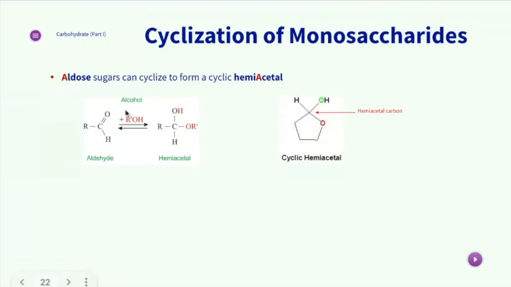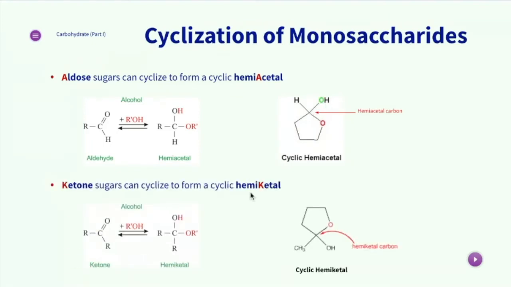Okay, what is a hemiacetal and a hemiketal? An aldose sugar which has an aldehyde functional group can cyclize to form a cyclic hemiacetal. So from this open chain, it will transform to become a hemiacetal ring. So this is the hemiacetal. You can see the bonding and also the OH hydroxy group attached to the carbon.